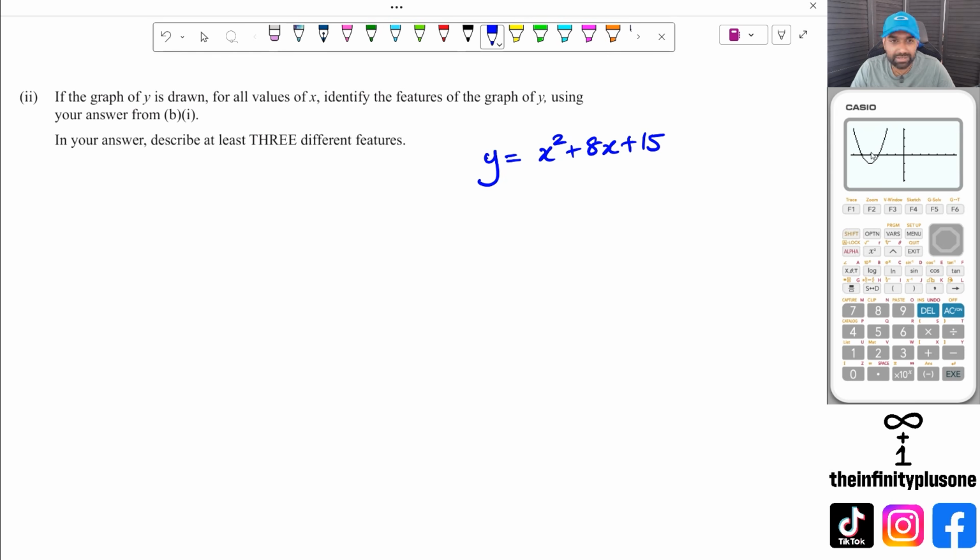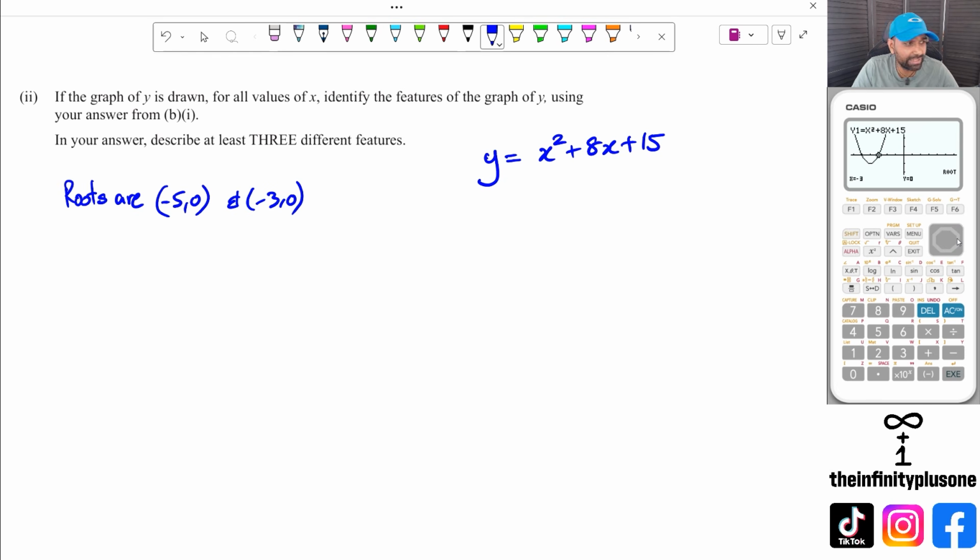All right. Now it's asking for 3 different features. So a bit cheeky, but you could do this. You could actually look for the roots, which are like the points where it actually crosses the x-axis. So you can see, you can actually say roots are at -5, 0. And then you can click on the next side button and -3 and 0.